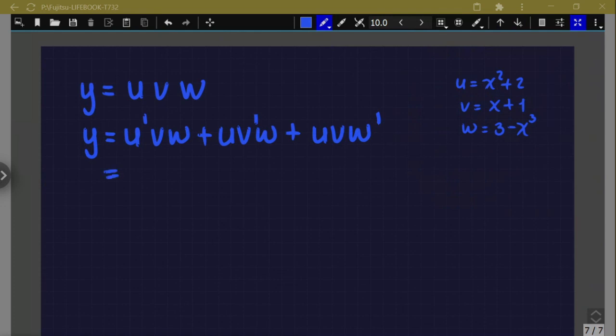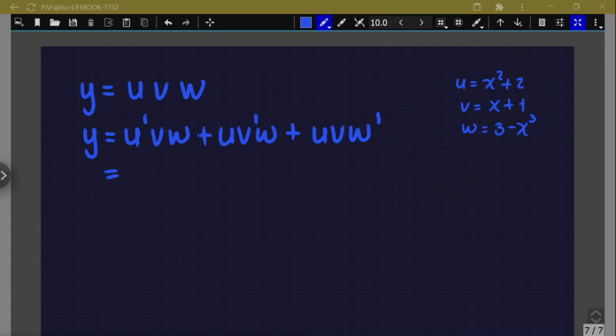Some people prefer to put the derivative at the front, or to put it at the end. I personally prefer to put the derivative of the term at the end because I want to first do the easy parts.